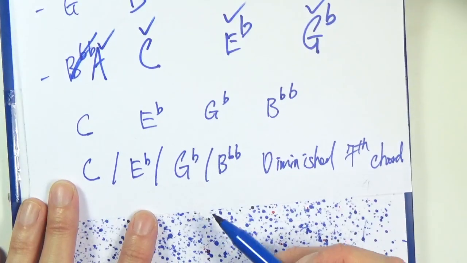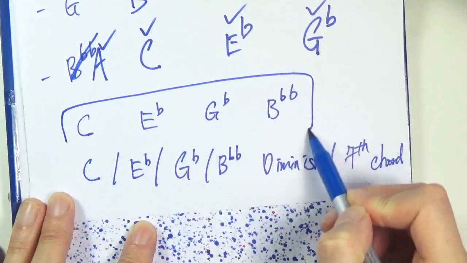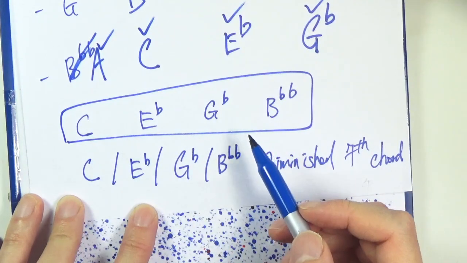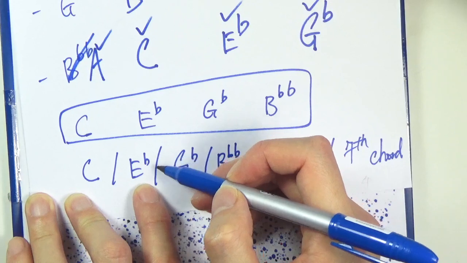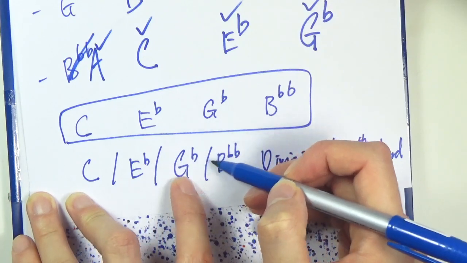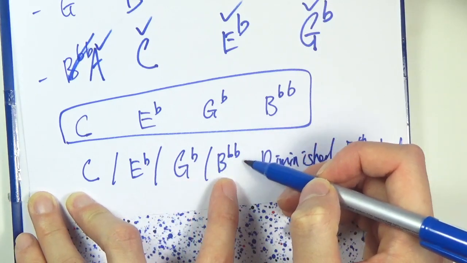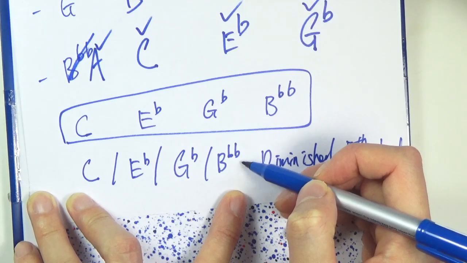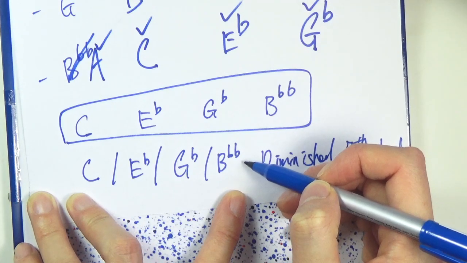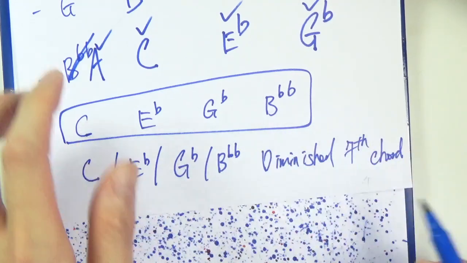And when you have a diminished 7th chord and you know the chord tones, you know that actually it's equal to E flat diminished 7th chord, G flat diminished 7th chord, and also B double flat diminished 7th chord in terms of chord tones, okay? So these will obviously be inversions of each other, but in terms of chord tones, they are identical, okay?